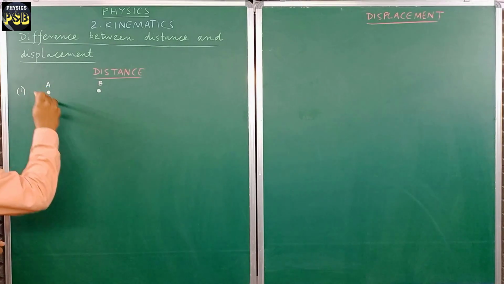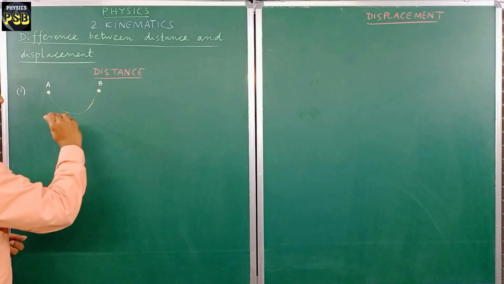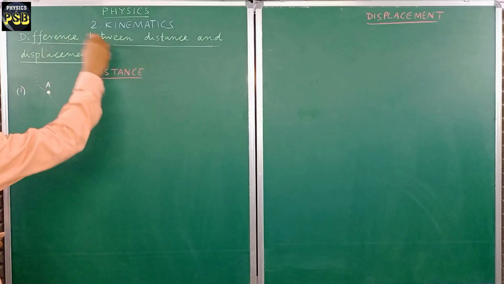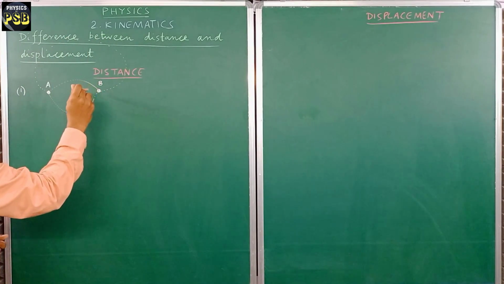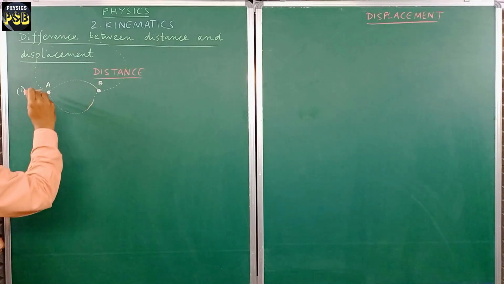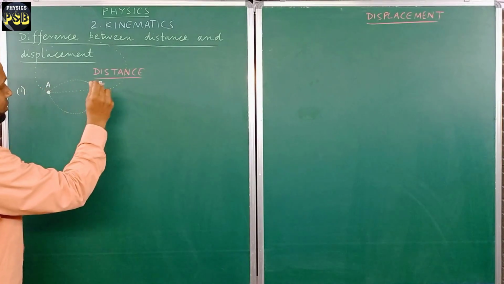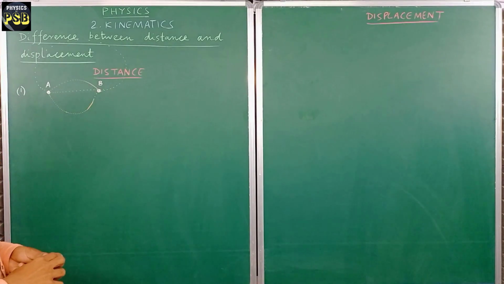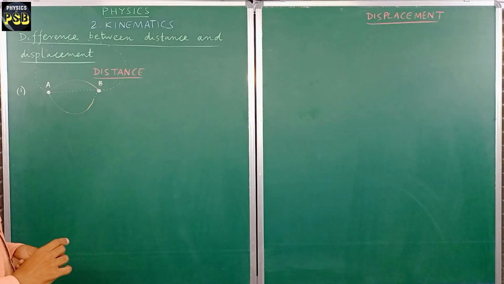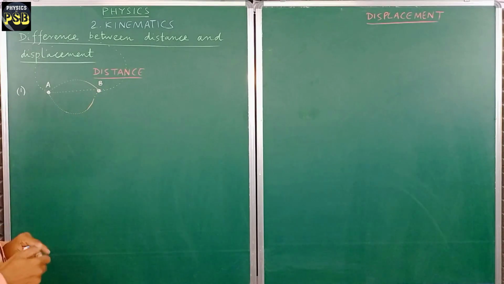One can travel in this way, or one can travel in this manner, or one can take this path, or can also travel in this manner. So these are all different paths a person or an object can choose to reach B from A.